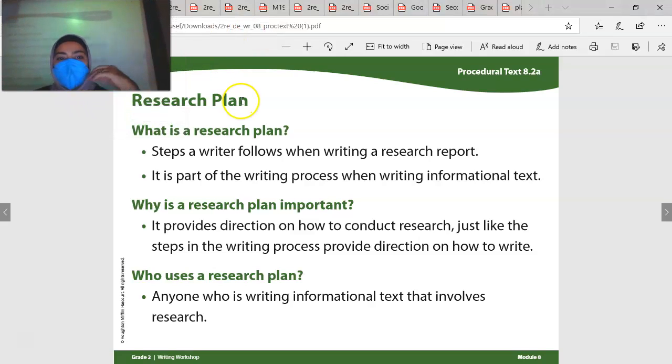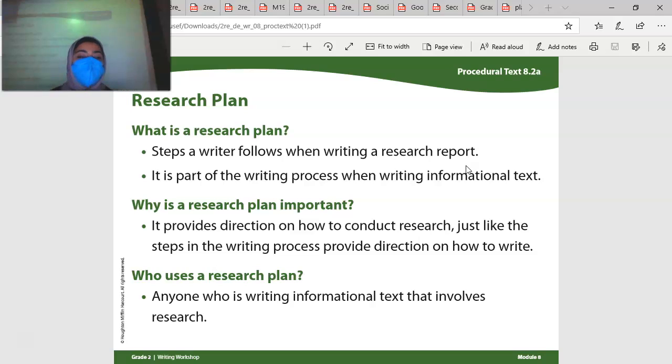What is a research plan? Steps a writer follows when writing a research report. So when someone follows certain steps, step 1, step 2, step 3, they're following a research plan. It is part of the writing process when writing informational text. You have to have a research plan when writing an informational text, and that's what we're going to do.